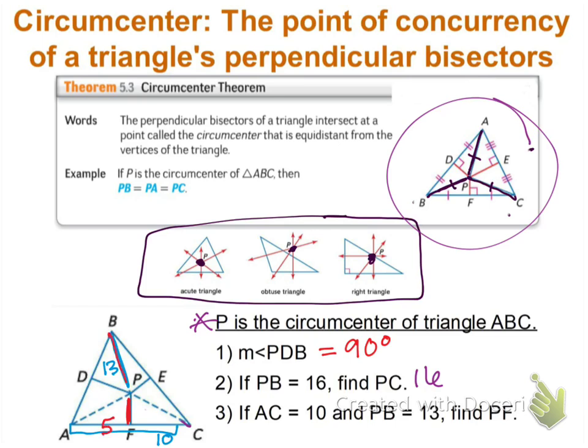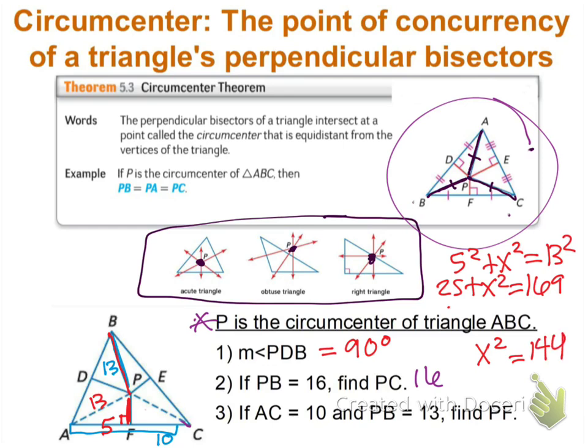And if PB is 13, so is this other little dashed line from A to P. So that's 13. And then look at what we have here, another right triangle. So 13 would be my hypotenuse. So I would have 5 squared plus x squared equals 13 squared. That's 25 plus x squared equals 169. If you subtract 25 from both sides, you get x squared equals 144, take the square root, and so x would be 12.